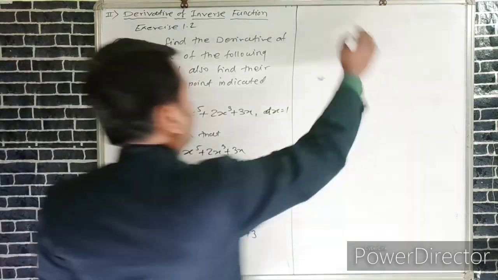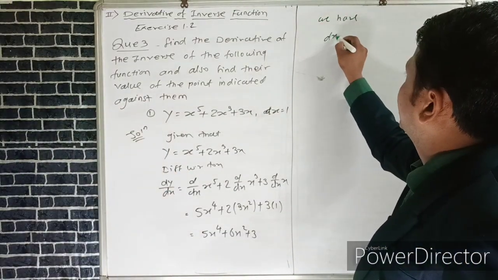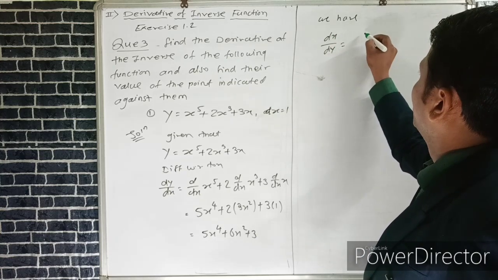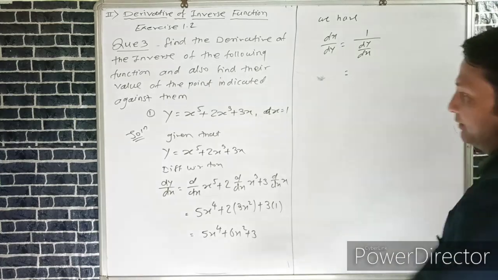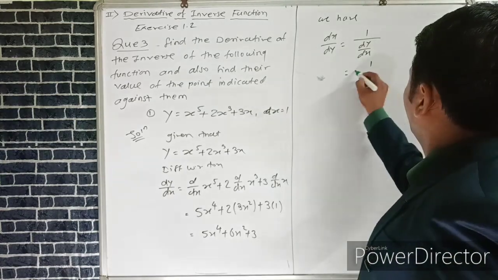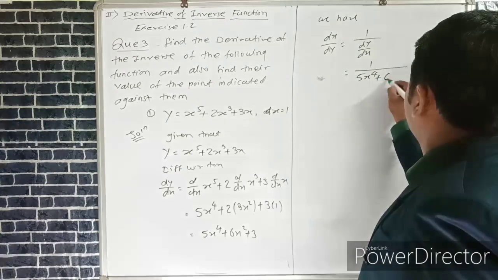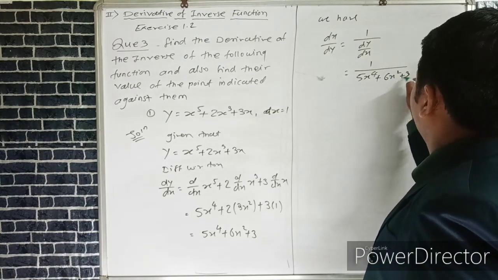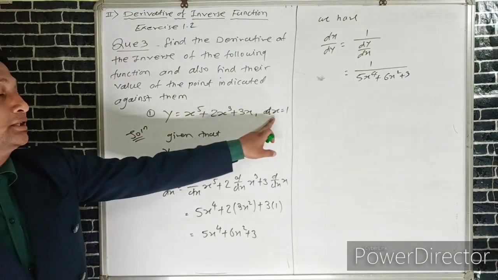But we have to find the derivative of the inverse function. Hence we can write dx upon dy is equals to 1 upon dy by dx. The value of dx upon dy is 1 upon 5x raised to the power 4 plus 6x square plus 3. We have to find the inverse of the function at the indicated point, means at x is equals to 1.